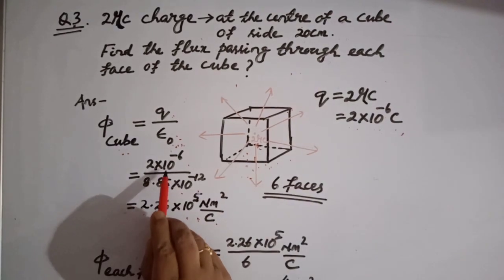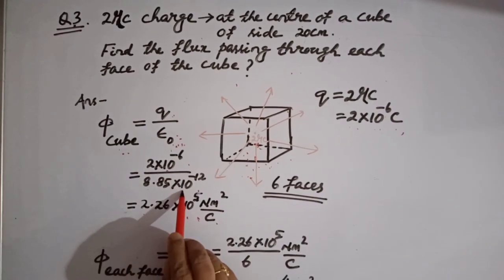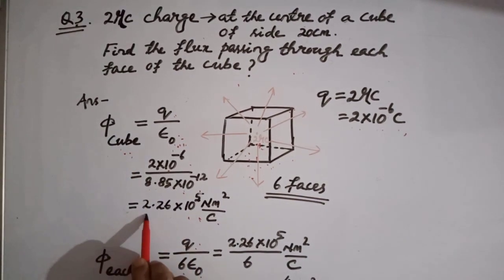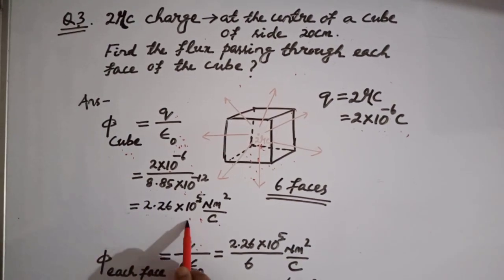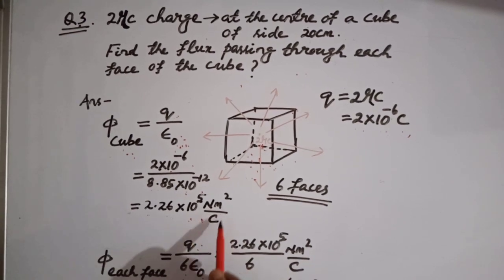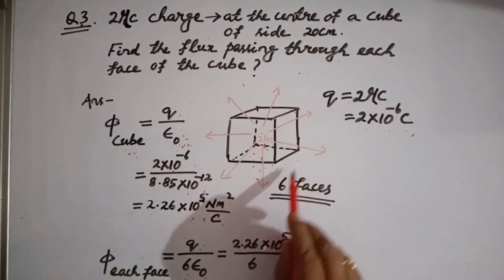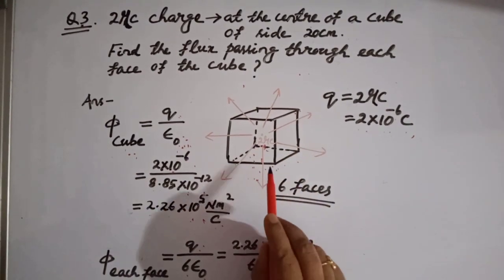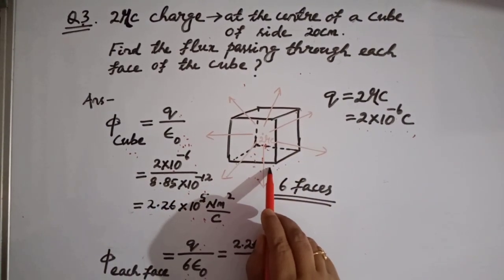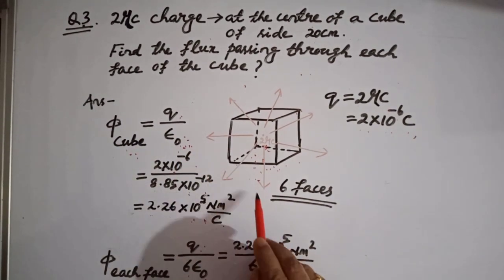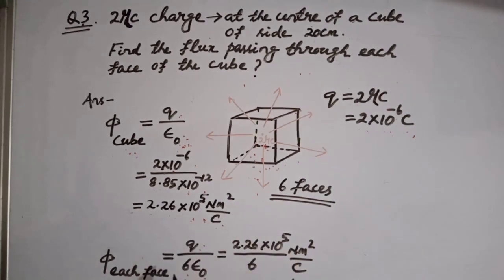Putting the value of Q and epsilon naught, the flux through the cube is equal to 2.26 into 10 to the power 5 Newton meter square per coulomb. Now there are 6 faces. Through the 6 faces, the flux is equal to Q by epsilon naught. Through each face, what is the flux?